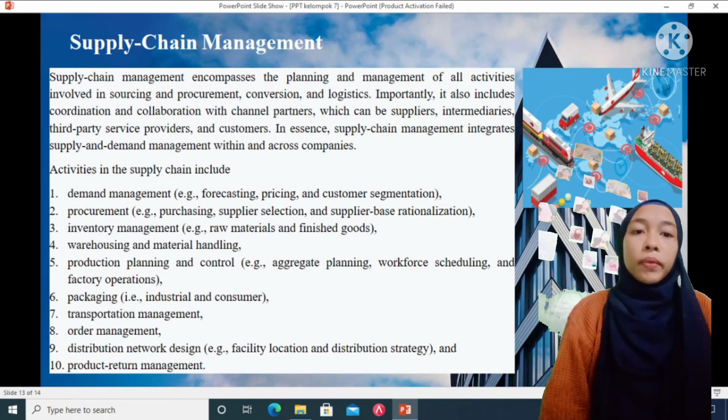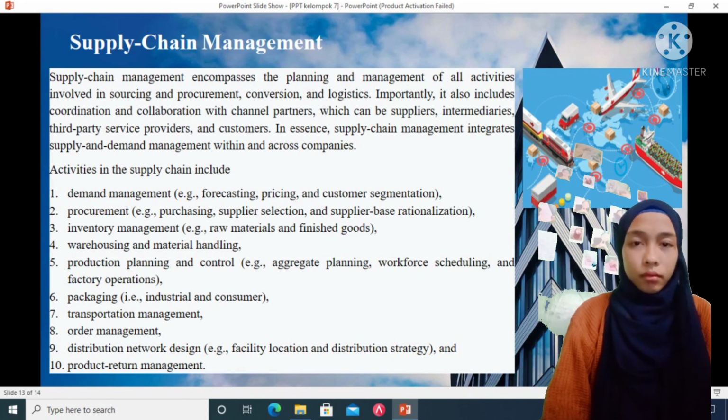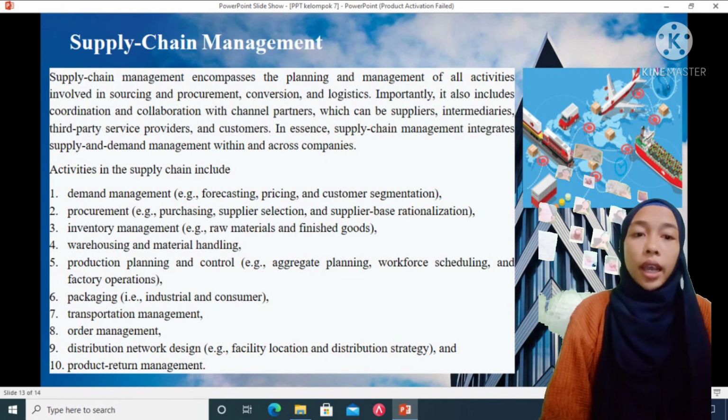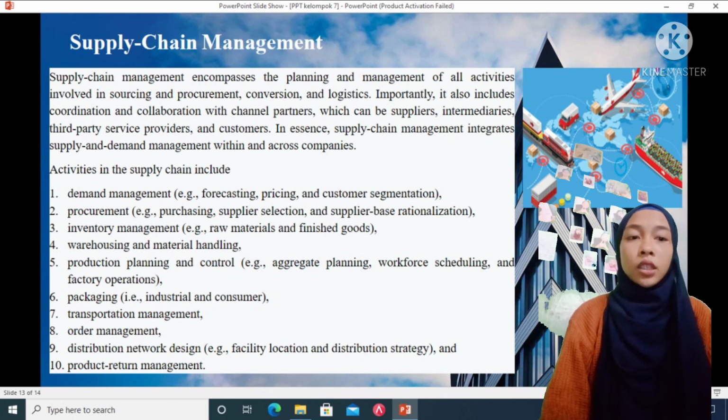Number 5, production planning and control, aggregate planning, workforce scheduling, and factory operation. Number 6, packaging, industrial and customer. Number 7, transportation management. Number 8, order management. Number 9, distribution network design, facility location and distribution strategy. And number 10, product return management.